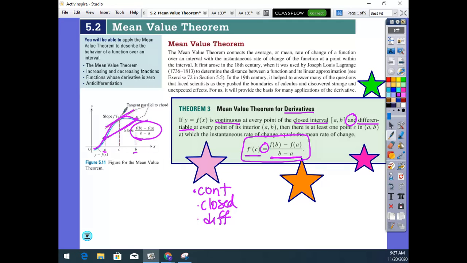It will be parallel. And then we're trying to look for what that x value might be where the tangent line is parallel to the slope of the endpoints.